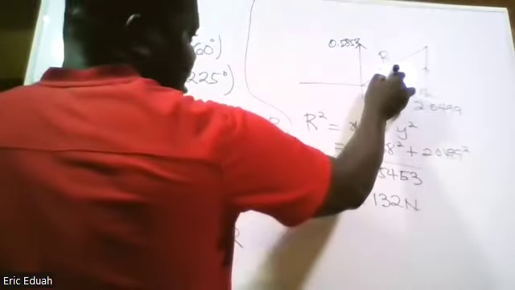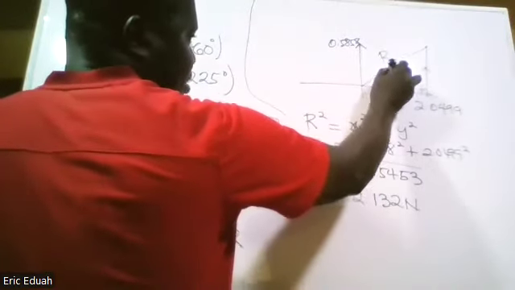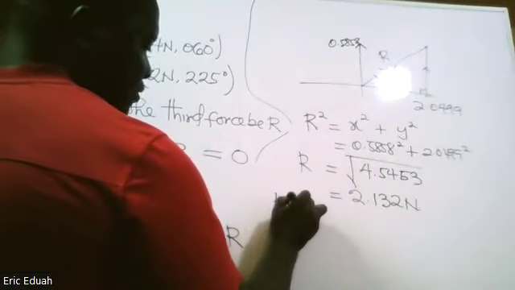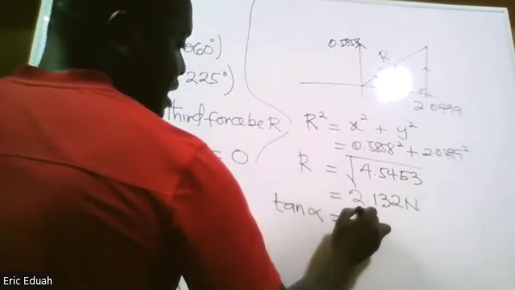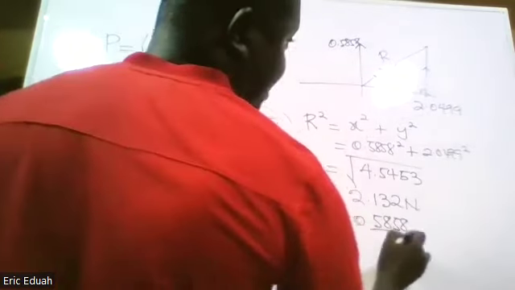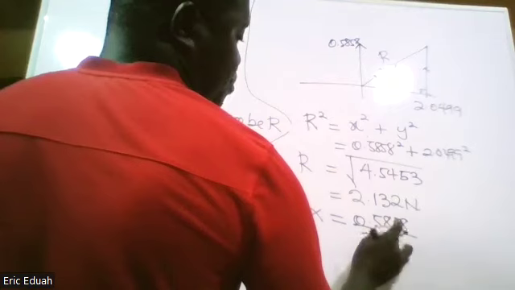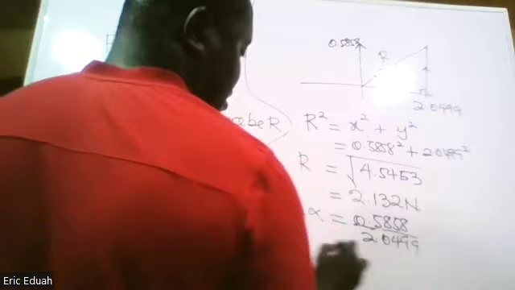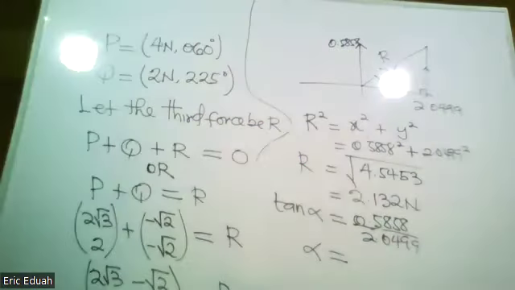The direction is this angle, assuming it's alpha. If you take the tangent of the angle alpha, this is 0.5858 divided by 2.0499. Help me find the value of alpha. Be quick in your response, please.